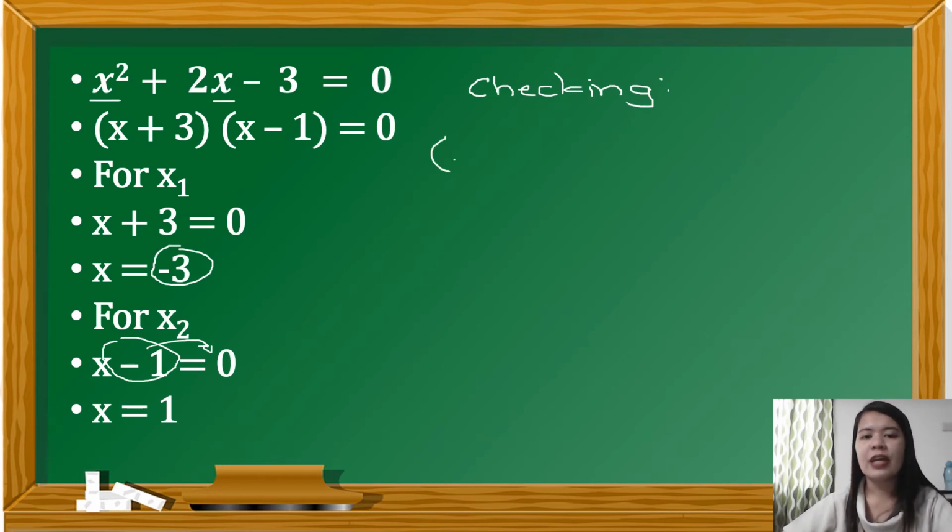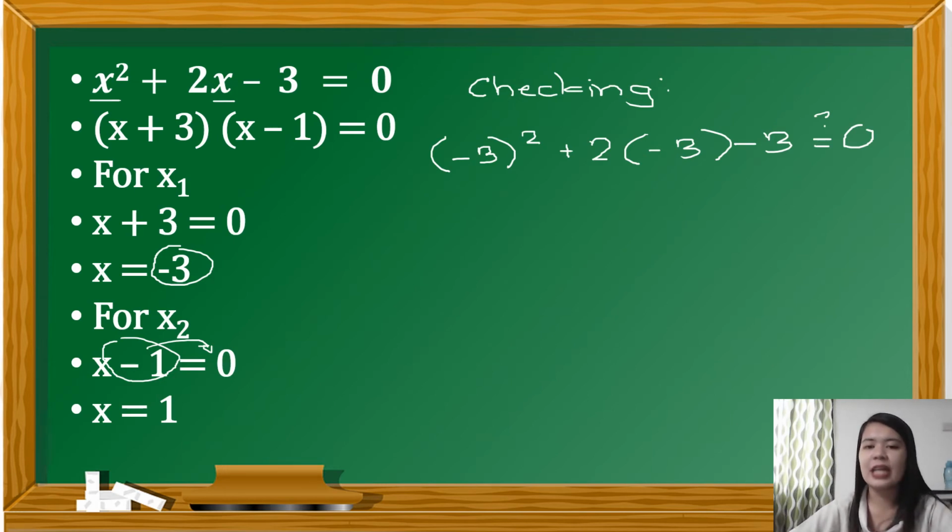So we have negative 3 squared plus 2 times negative 3 minus 3. Is it equal to 0? Negative 3 squared is negative 3 times negative 3 and that is 9. 2 times negative 3 is negative 6. Then copy negative 3. Is it equal to 0?